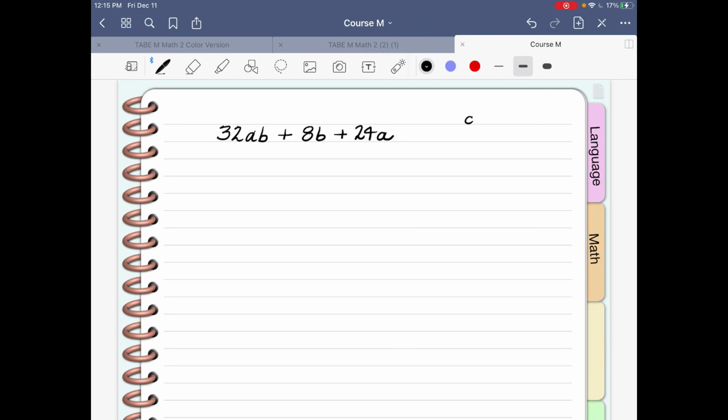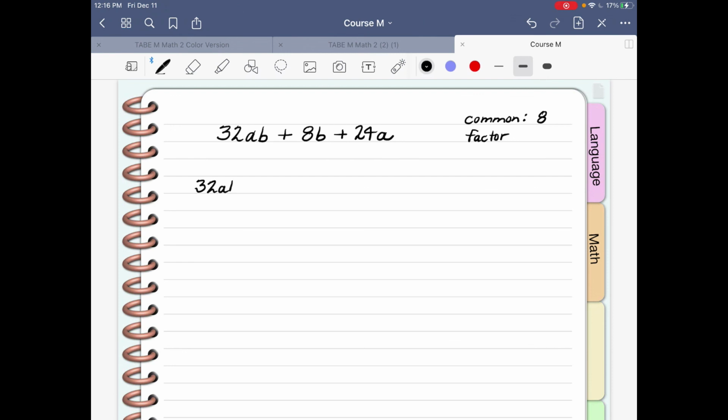So I ask myself, what do they have in common? Well, I could divide them all by an 8, but they don't have any letters in common. They don't have exactly the same letters, so we can't take out any letters. But the common factor is going to be an 8. So then I take each piece.